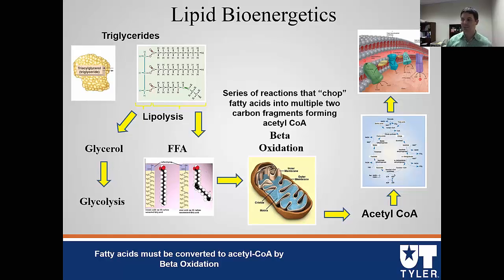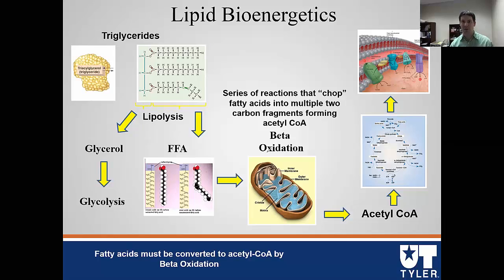What we're really doing is we're going to take all of these carbons. Remember, these bonds between these carbons pack so much potential energy that we saw breaking that 6-carbon glucose down. So here we have fatty acids that have anywhere from 4 to 24 carbon molecules, if you remember from our definition of fatty acids. We have all this jam-packed energy, and the way that we break that down is called beta oxidation. Beta oxidation is a series of reactions that essentially chop fatty acids into multiple 2-carbon fragments, forming acetyl-CoA.